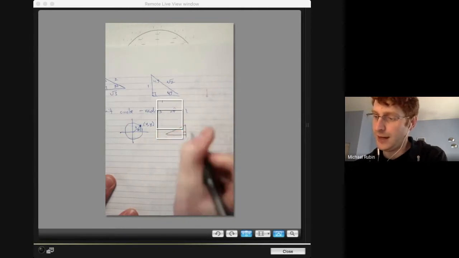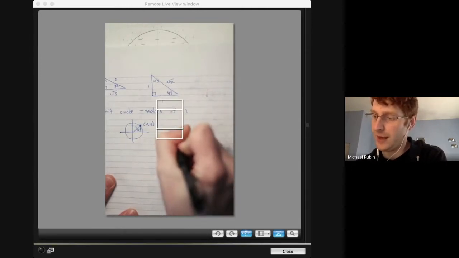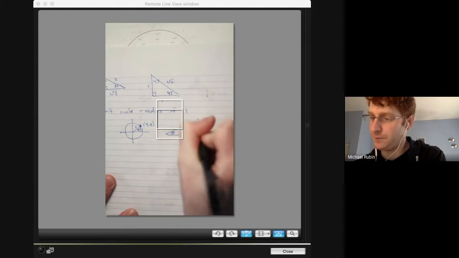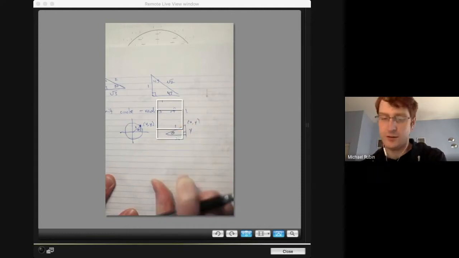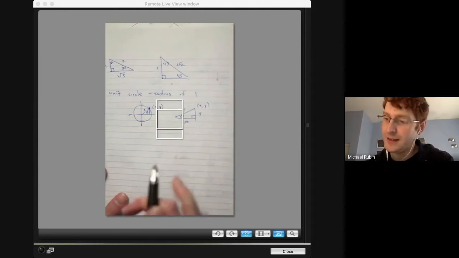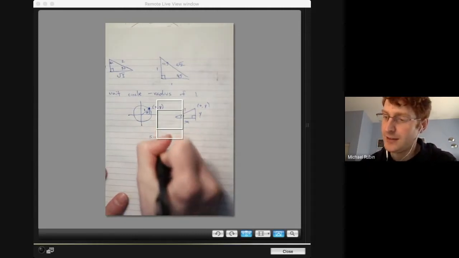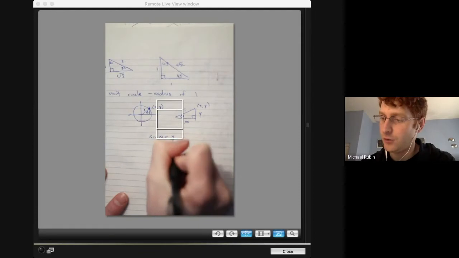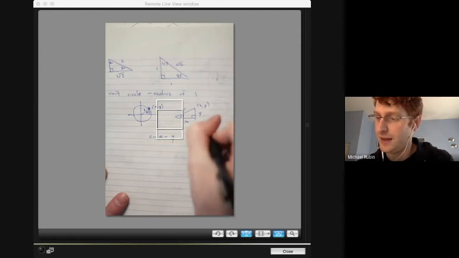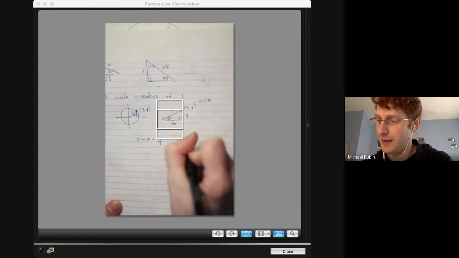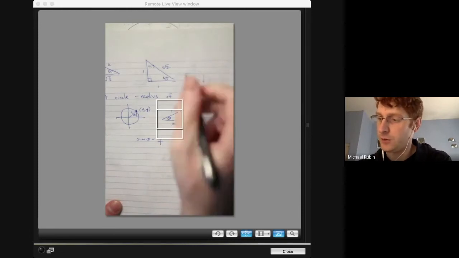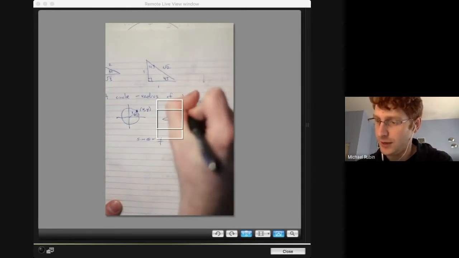I have a right angle, I've got my angle theta, and I have xy, which means I'm moving over x and up y, but the hypotenuse is 1. So what's cool about a unit circle is that I know that sine of theta is y over 1. In other words, sine of theta is y. And I know that cosine of theta is x over 1. In other words, x is cosine of theta.